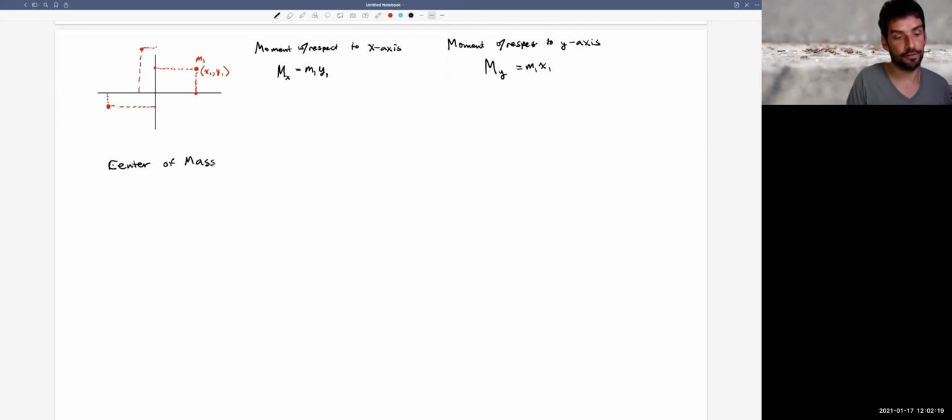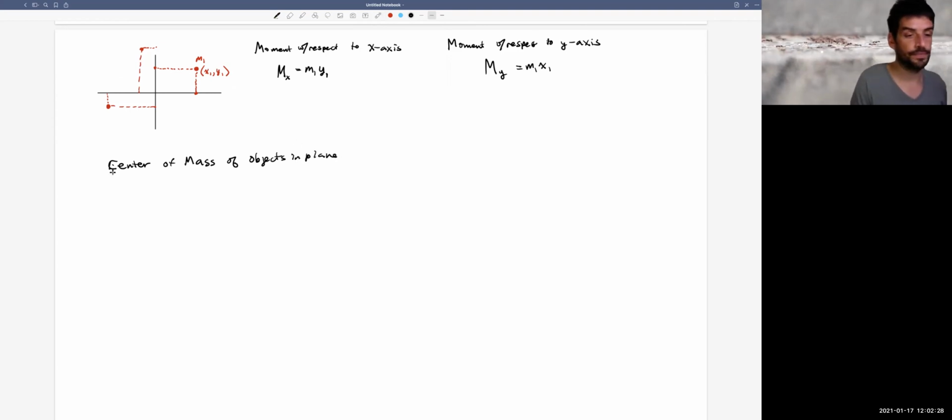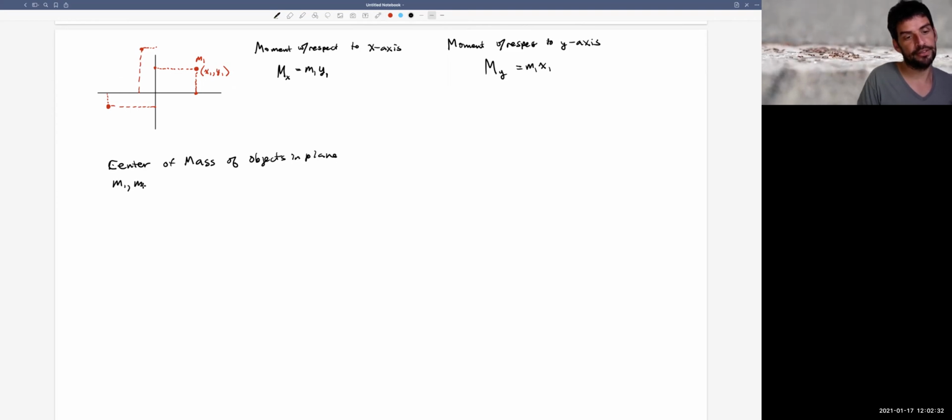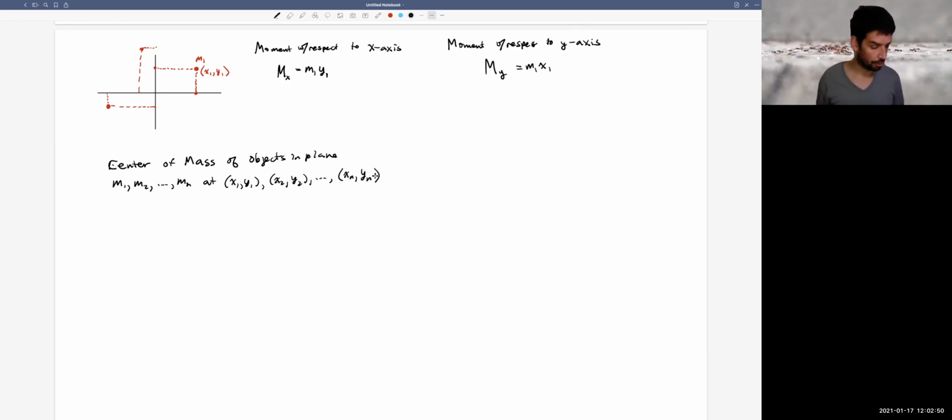So we'll look at the center of mass of a system of objects in the plane. Okay. We'll start with point masses M1, M2, up to Mn at points x1, y1, x2, y2, on up to xn, yn. So again, we have n points.